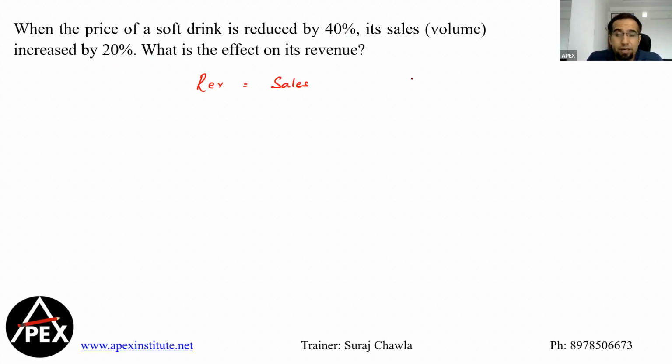We discussed earlier that if there is a percentage change happening here, and a percentage change happening here, separated by a multiplication sign, then with 2 percentage changes it comes under the purview of successive percentage change.